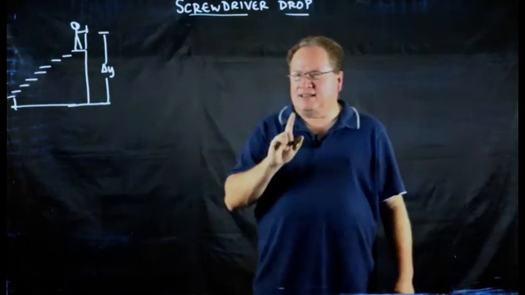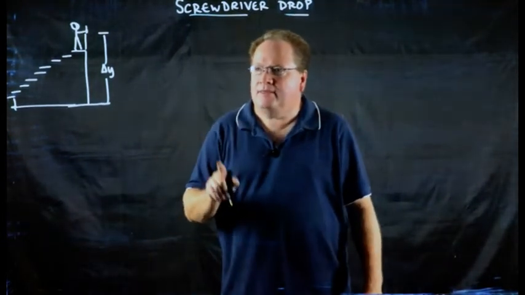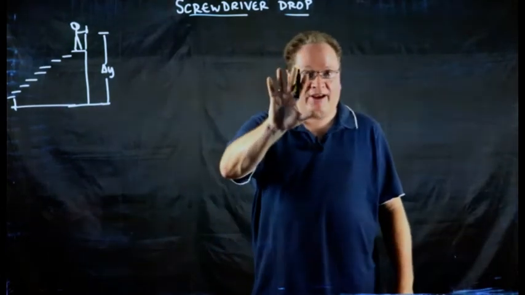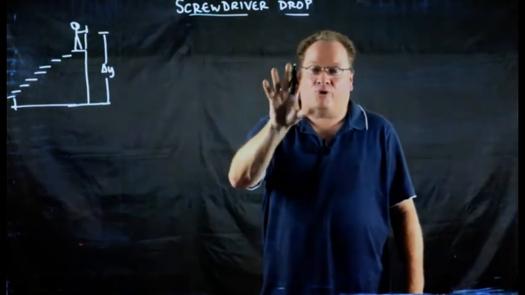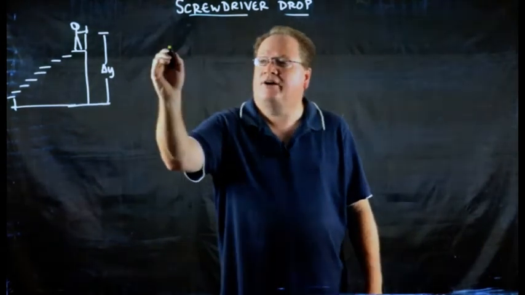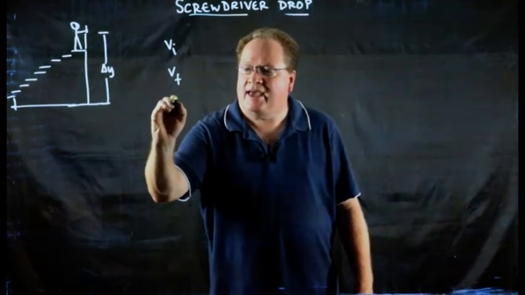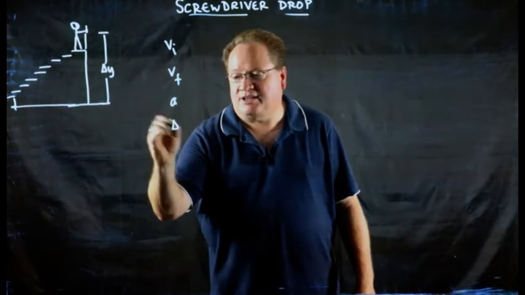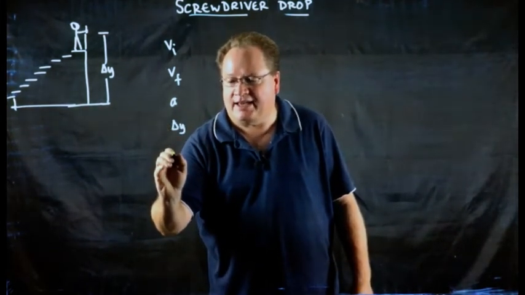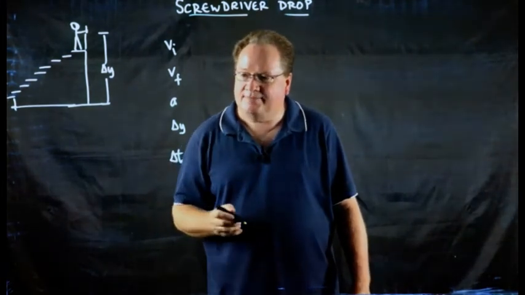All right, so let's think about what we know here. Remember, there are 5 variables for any problem that deals with motion. They are VI, VF, A, delta y in this case, and delta t.